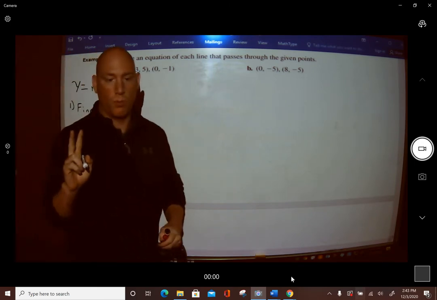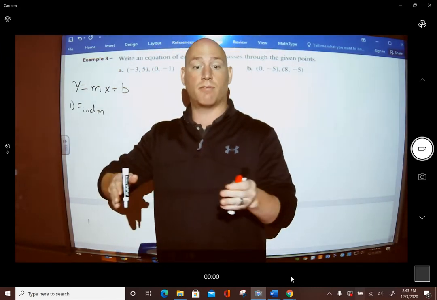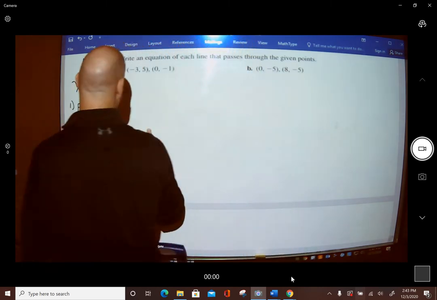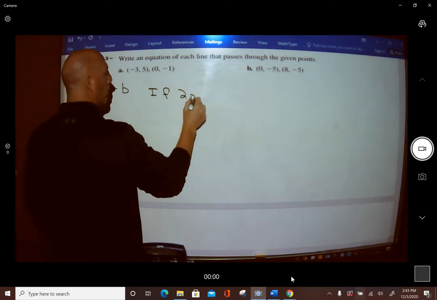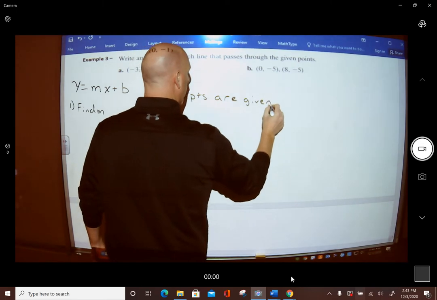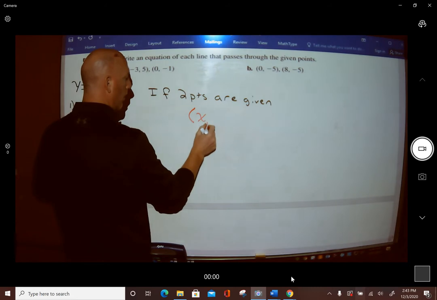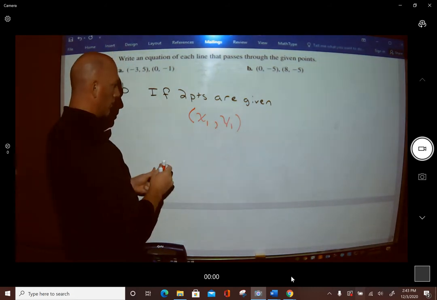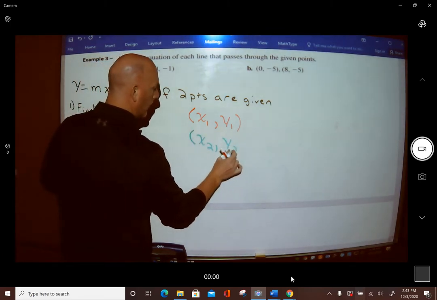Whenever they give you 2 points, you're always going to use what's called the slope formula. It's exactly what it says. It's a formula to find slope when you're given 2 points, okay? So what it looks like is, if 2 points are given, and we're going to call our 2 points x1, comma y1, and x2, comma y2.